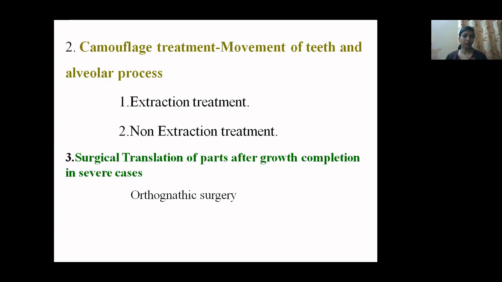Camouflage treatment, that is, concealing the problem, can be done in two ways: extraction treatment, or non-extraction treatment, depending on the severity of the problem. Surgical translation of parts after growth completion, in severe cases, means the option will be orthognathic surgery.